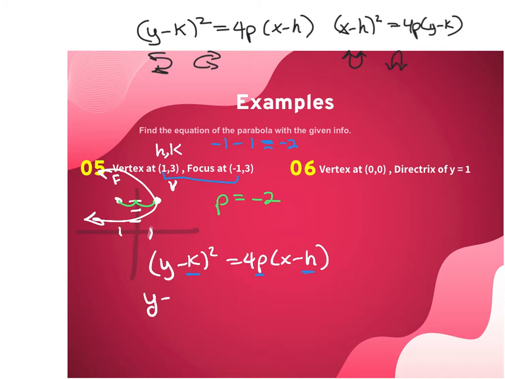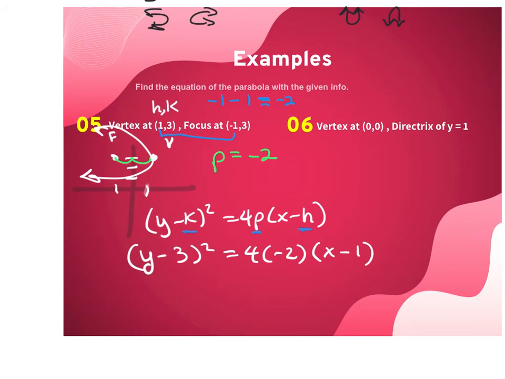So y minus 3 squared, 4 times -2, and then x minus 1. All I have to do is multiply the 4 and the p, so that gives me -8. I leave everything else the same. And I'm done.